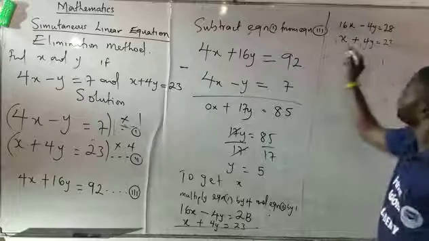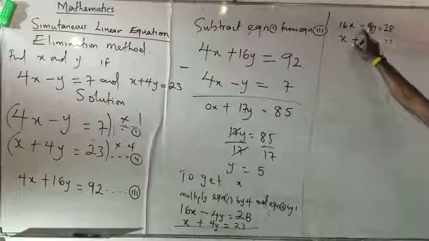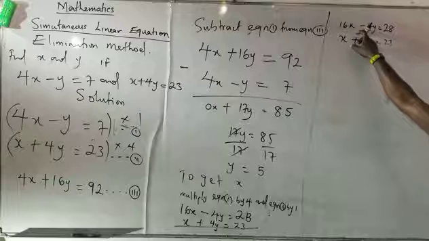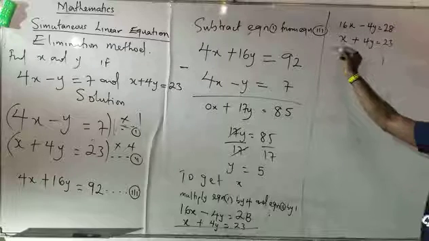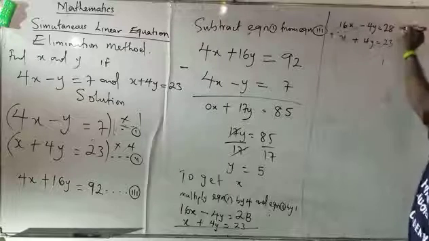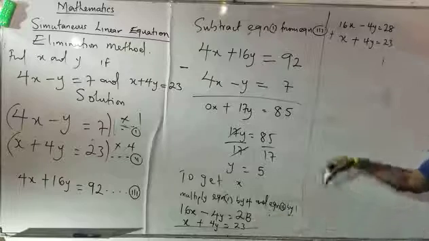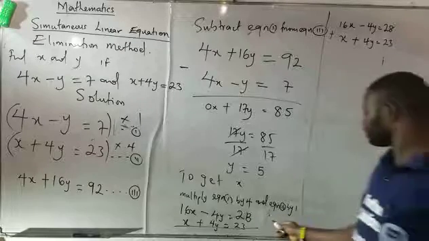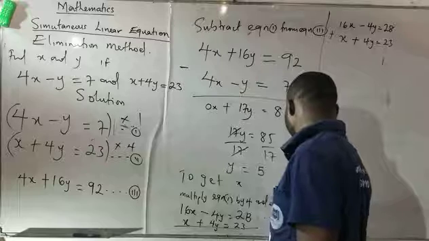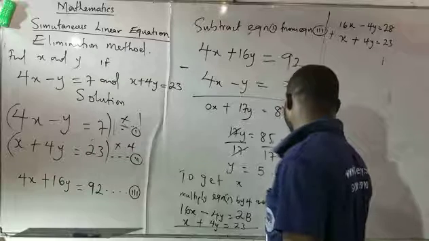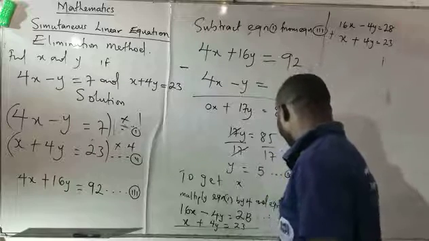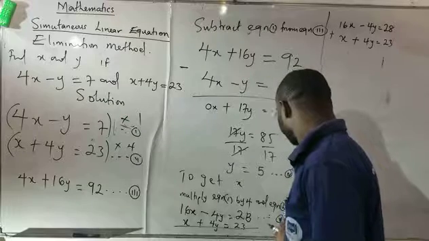At this junction, I cannot subtract. If I subtract, this one will not go, it will not be eliminated. So I will add. I can call this one equation 4, and this should be equation 5.